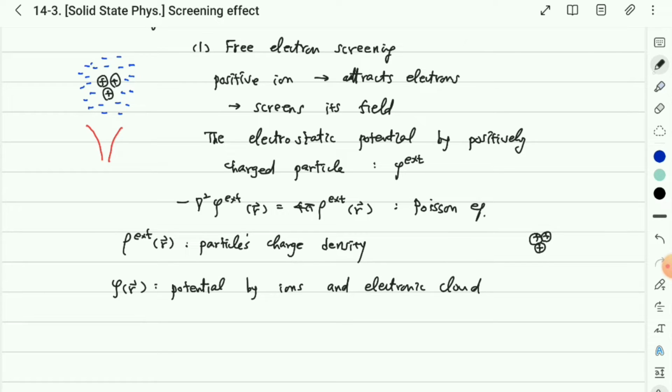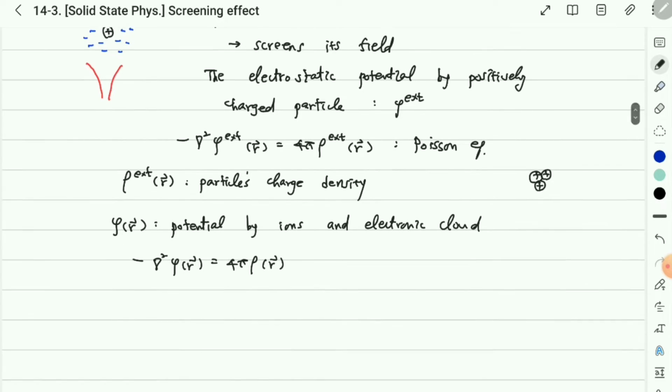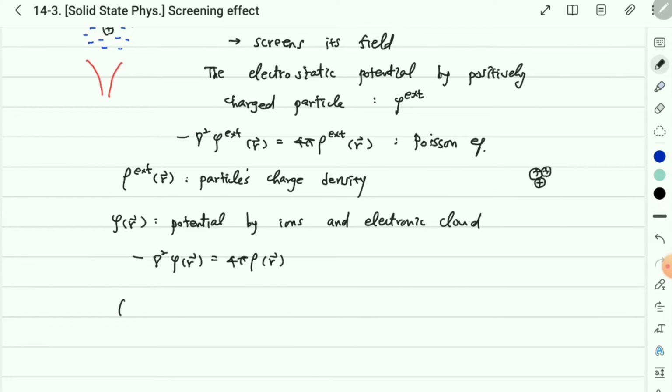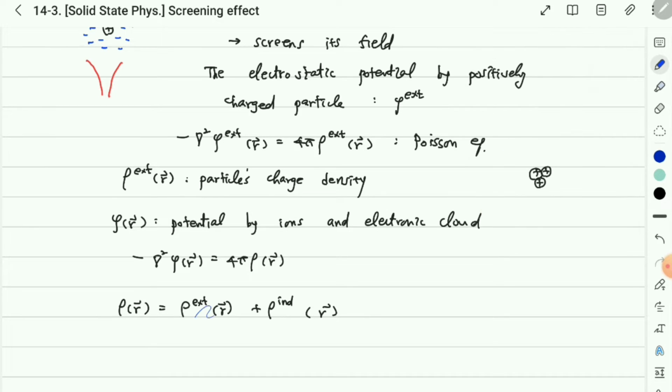Then the Poisson equation on this system is minus Laplacian phi equals 4 pi rho, and rho can be thought of as rho external of r by the ions plus the induced charge by the electrons, so the charge density of the ions and the electronic cloud.